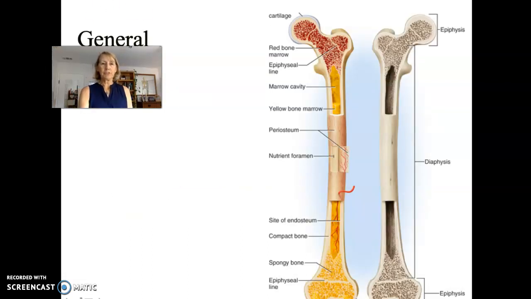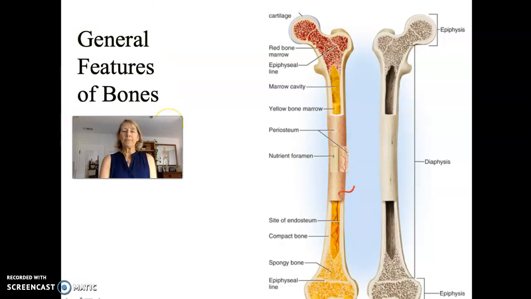So the general features of bones, let's jump to that. We have a certain vocabulary that goes with that. This center portion of a large bone is a diaphysis, and the ends are the epiphyses. Okay, diaphysis and epiphysis. But the other interesting thing is that red bone marrow, which is where you're manufacturing new cells, and in a bone cancer you fail to do that, is this area here in the epiphyses, okay?